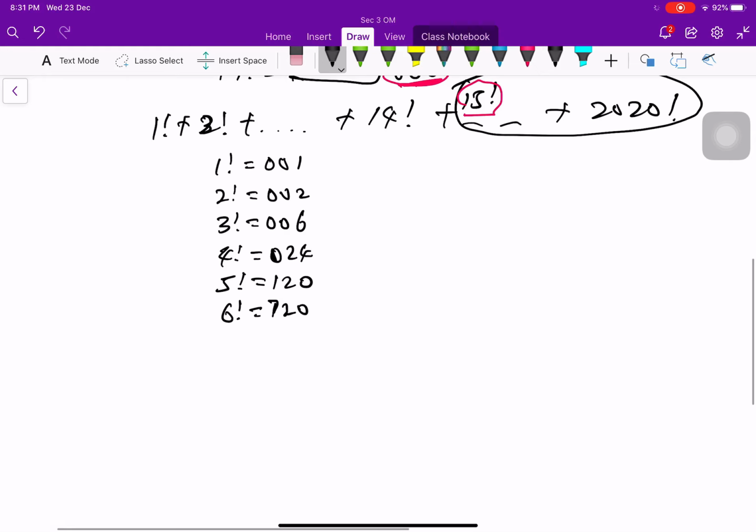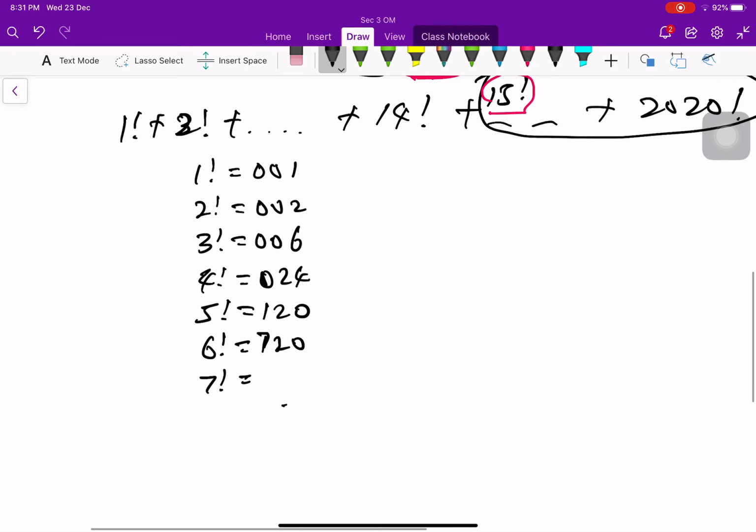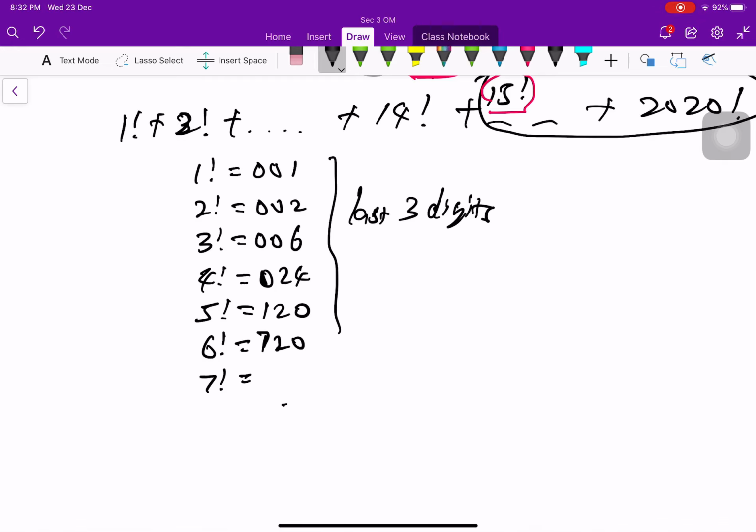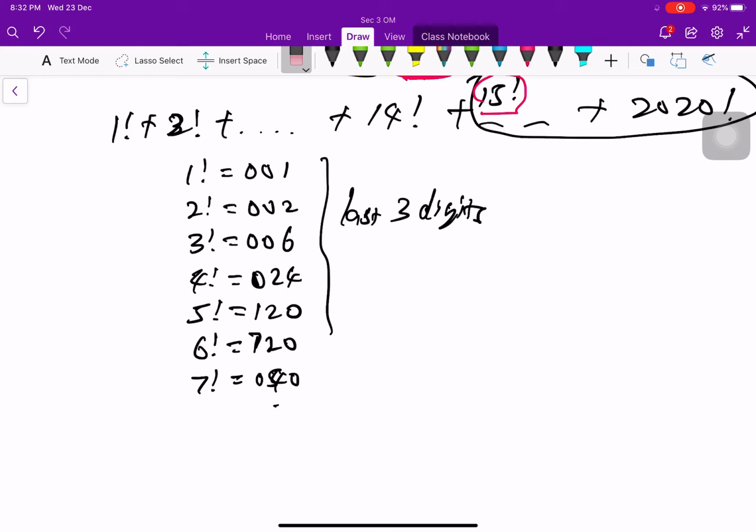Then if you look at 7 factorial, take note now, we are looking at the last 3 digits only. The last 3 digits are 040, because I think you can press the calculator yourself. In fact, 7 factorial is 5040.